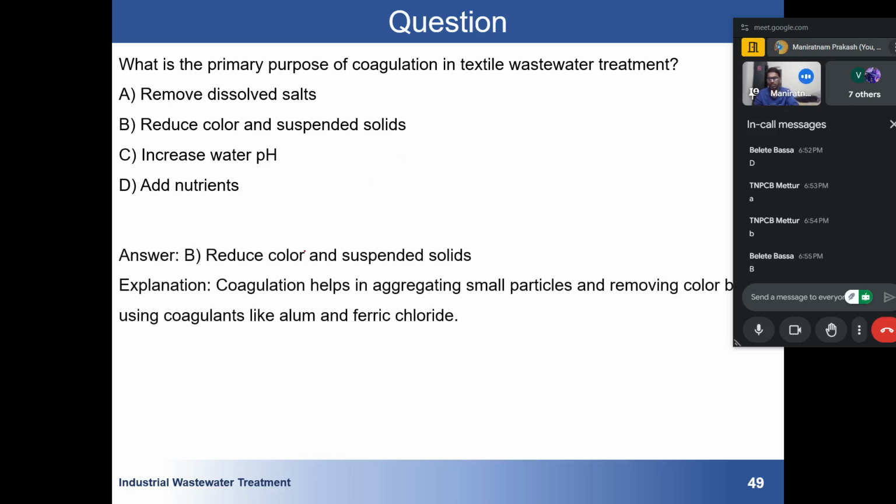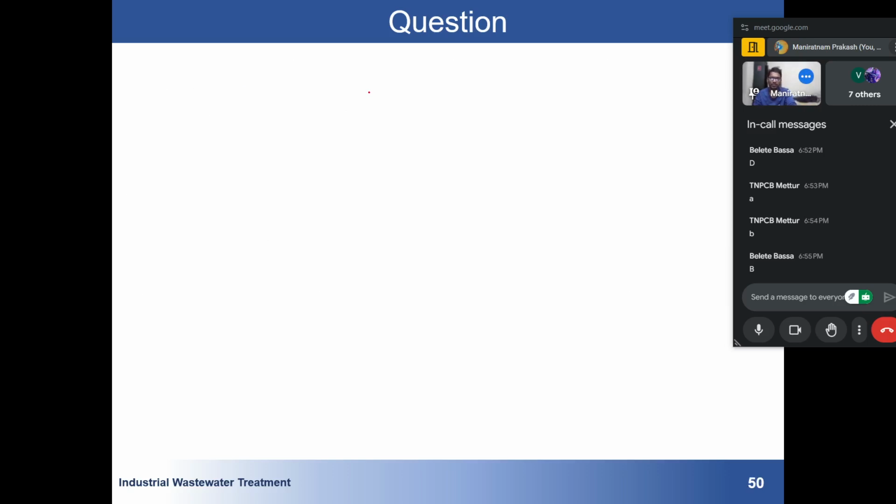The correct answer is B. Coagulation helps in aggregating small particles and removing color by using coagulants like alum and ferric chloride. So yes, this was correct. We have to reduce color, and for that we can add these things.